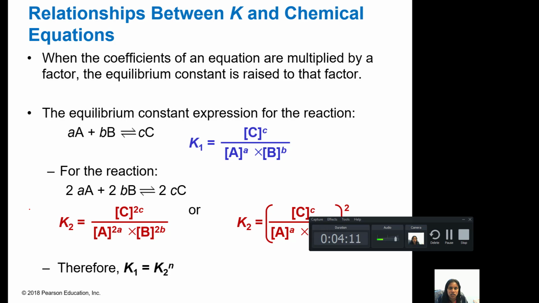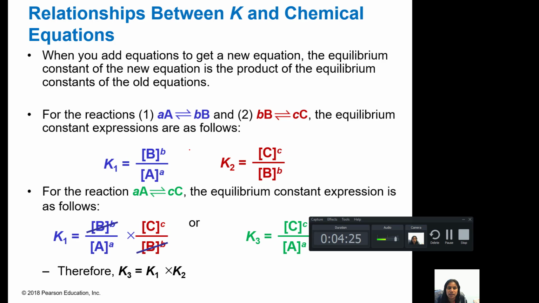This is showing you when the reaction happens in several steps. A plus B gives you C, so see it like that, and then 2A squared like that. This is the multiple steps I was talking about, A to B and B to C. So B over A, and then this one C over B. The total reaction is K equals K1 times K2, so the B's cancel out.